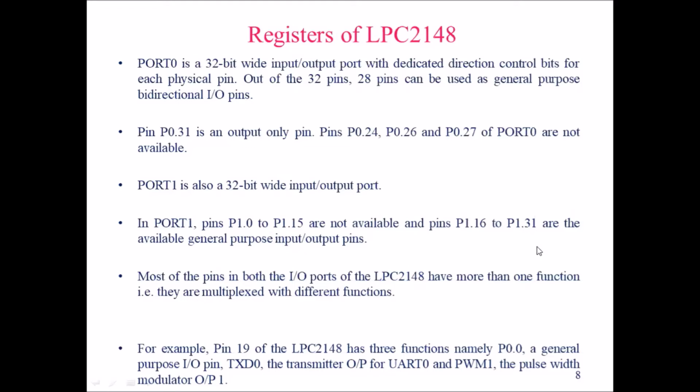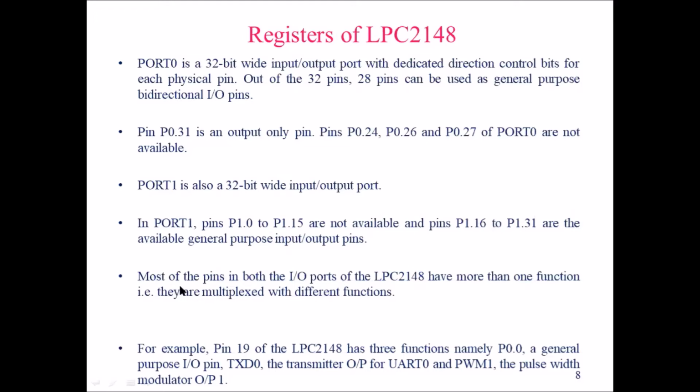So in port 0 we can make use of 28 pins except the 24th, 26th, 27th and 31st pins. In port 1, we cannot make use of the first 16 pins, from P1.0 to P1.15, but we can make use of the next 16 pins for our programming.